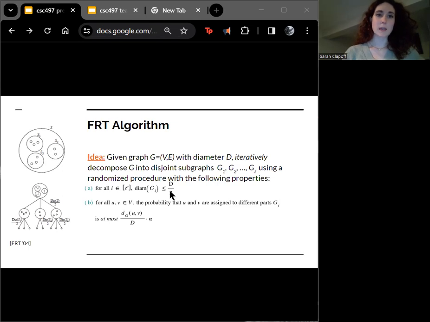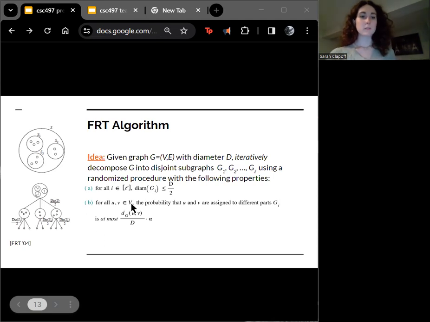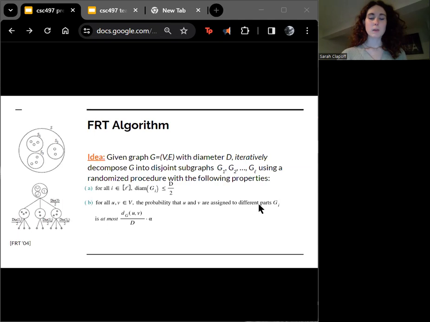So at most it's the diameter of the parent graph divided by 2. And then the second property is that for all node pairs in V, the probability that u and v are assigned to different parts, G_i, is at most the distance in G divided by d times this factor alpha. This figure here is just showing a laminar family, but it's the same procedure as within a graph.